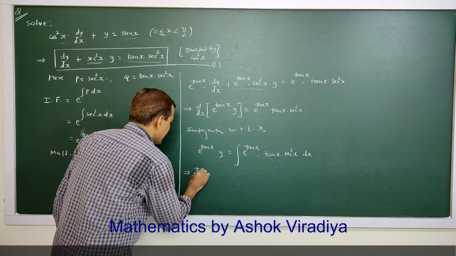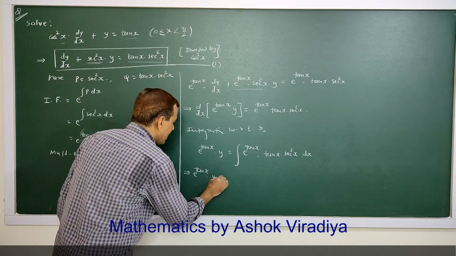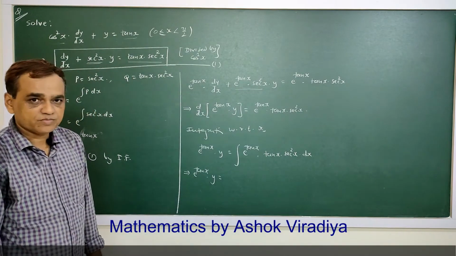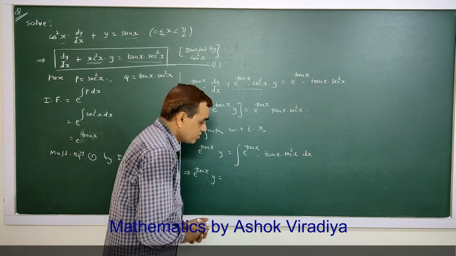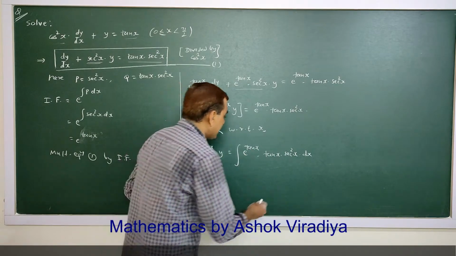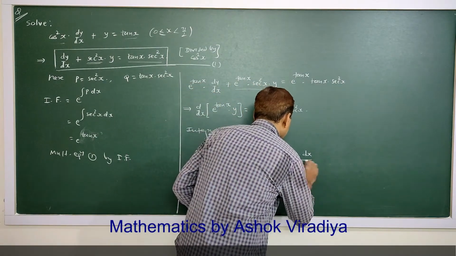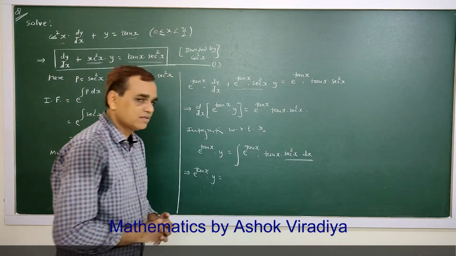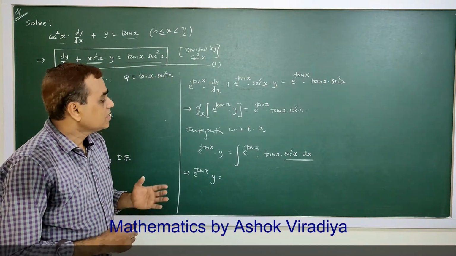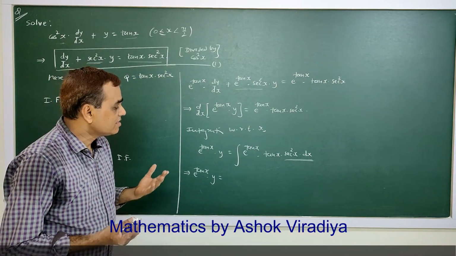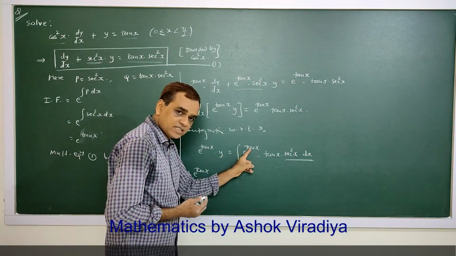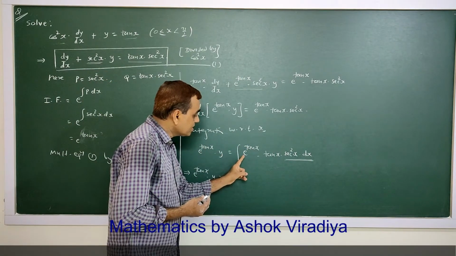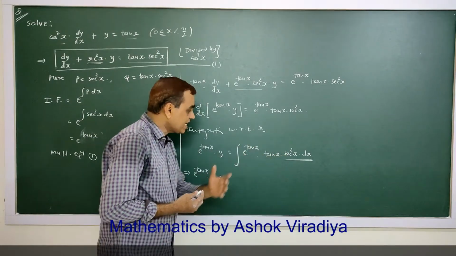So let me say its integral, e raised to tan x into y, is equal to, because on RHS we have to take help of substitution. The idea can be obtained from sec square x dx. If we take tan x equal to t, then sec square x dx can be removed.